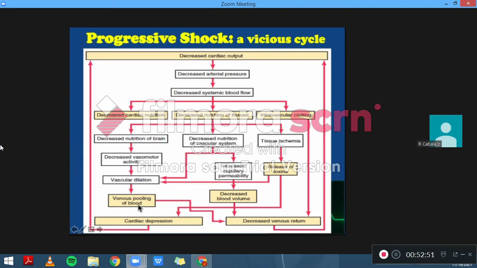Your decreased nutrition to tissues would lead to decreased nutrition of your vascular system, and there would be exudation of your blood from your capillaries out to your interstitial spaces, further decreasing your blood volume. Tissue ischemia itself would also release toxins, all of which would further depress your myocardial contractility and decrease your blood volume. So, a vicious cycle.